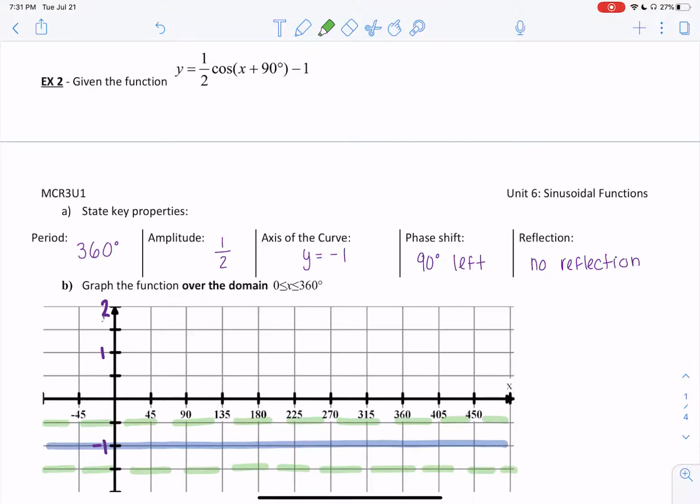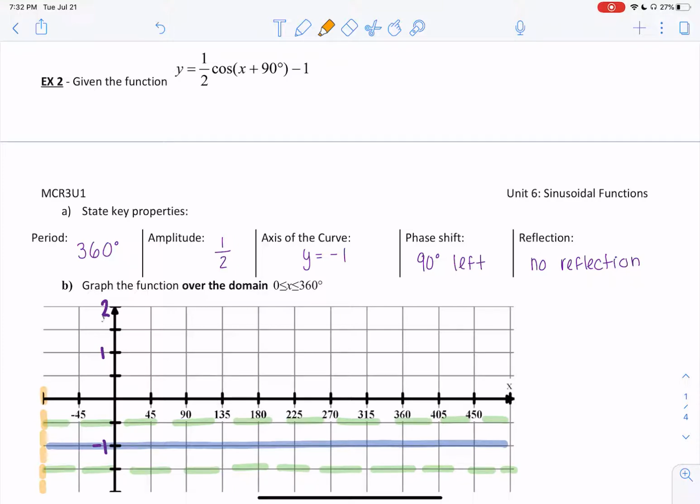Next is my phase shift to find my starting point. So I'm going to move 90 degrees to the left. So my starting point will be right here. Sorry, it got a little cut off, but that's where my starting point is. Next is going to be my period.